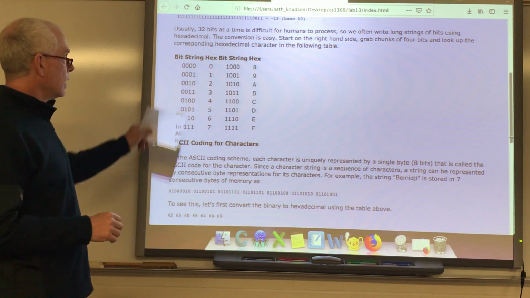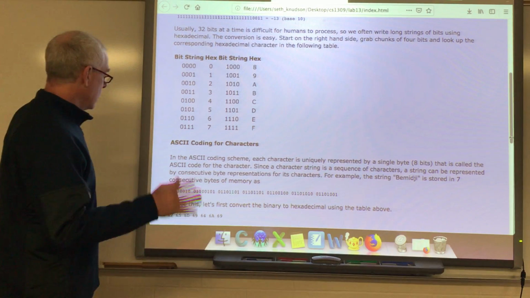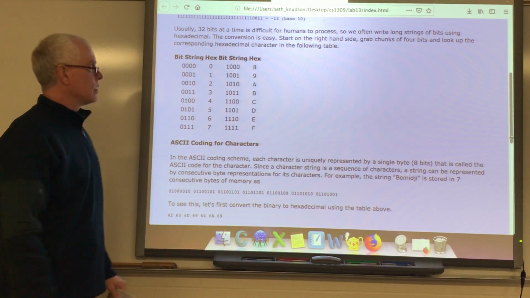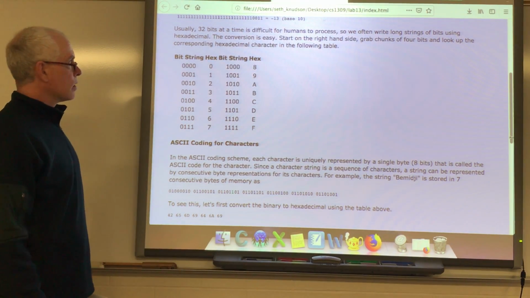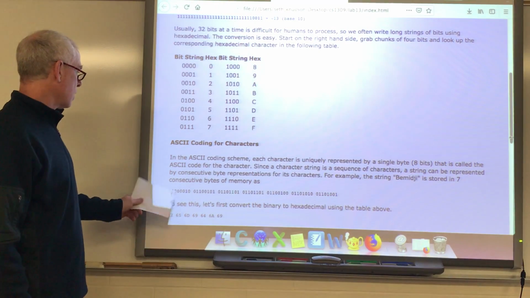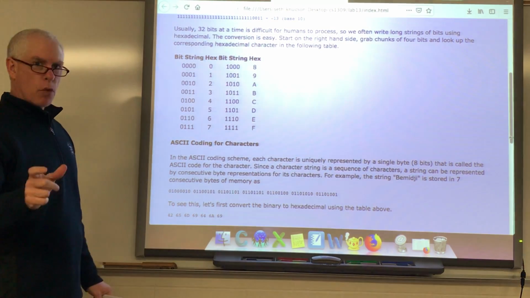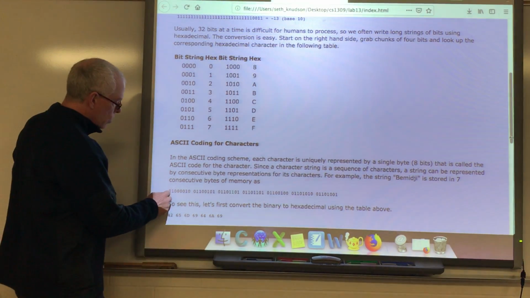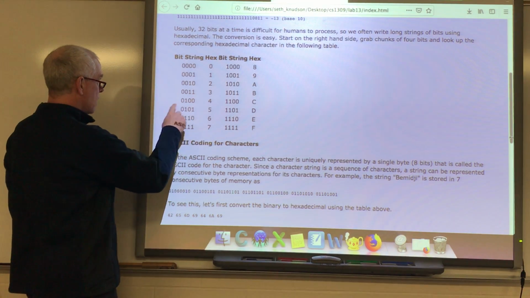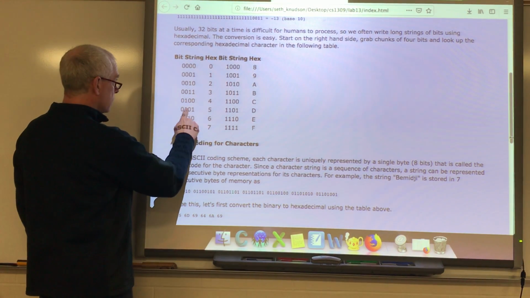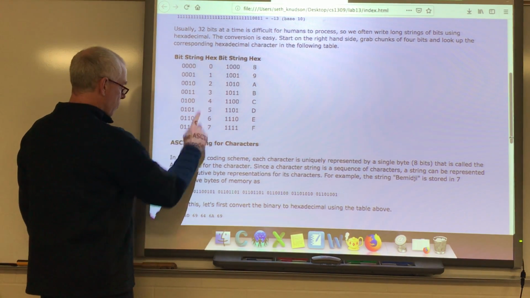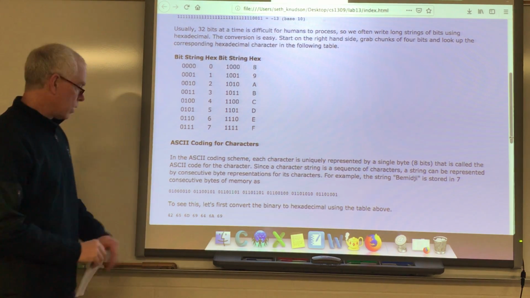It says to start on the right-hand side. Actually, here we're going to be starting on the left-hand side. That's, I think, a mistake in the way it's written here. So we're going to start on the left-hand side, and then we're going to look at 4 bits at a time. So 0, 1, 0, 0. I'm going to find that. 0, 1, 0, 0 is right here, so a 4, and you can see he's placed a 4 here.